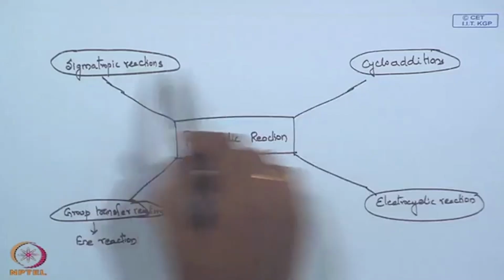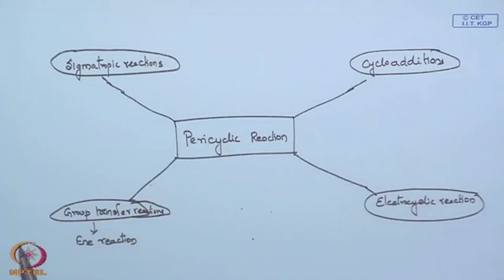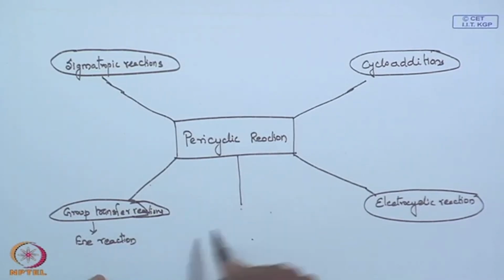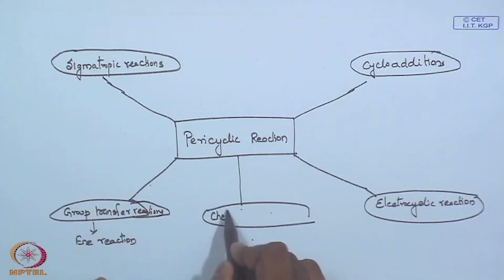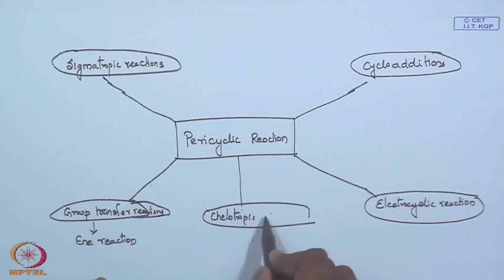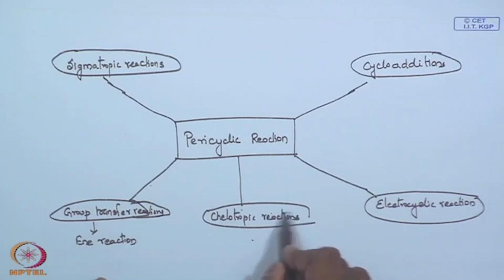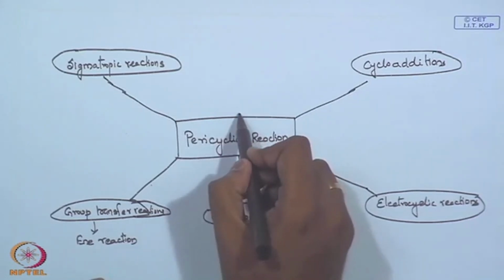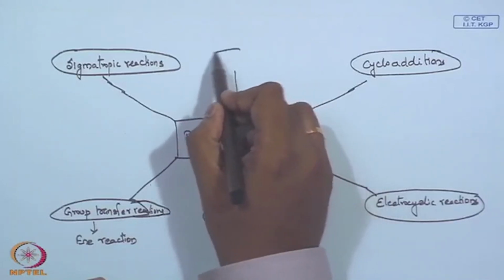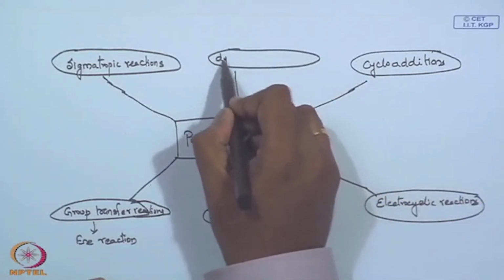So these are the four important classes of reactions we touched: sigmatropic, cycloaddition, electrocyclic, and group transfer reactions. Then, like in the previous class, we also discussed one more important class, cheletropic reactions. After studying cheletropic reactions, today we have also outlined a little bit about diatropic reactions.